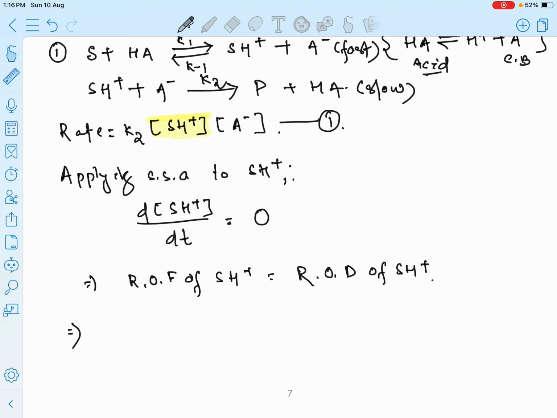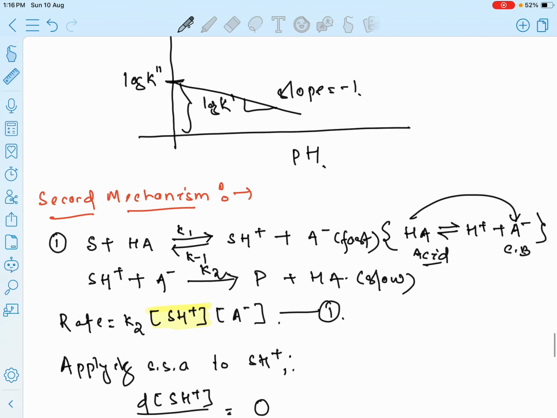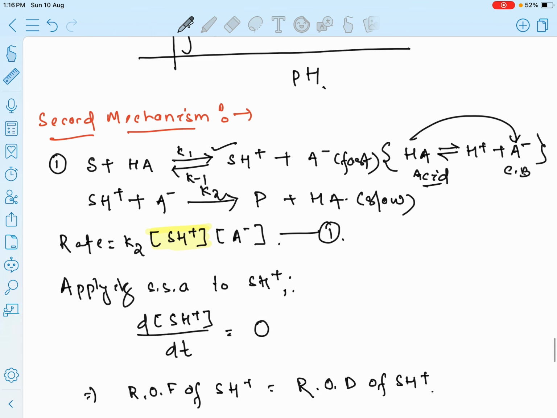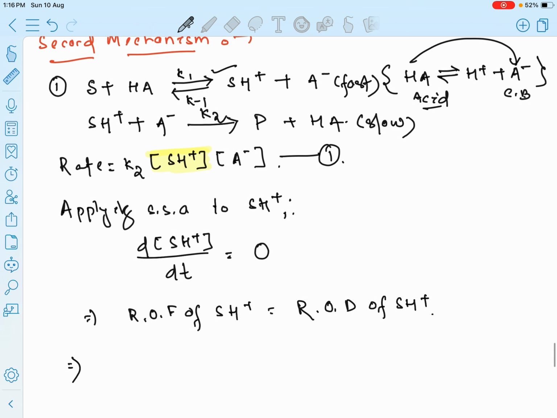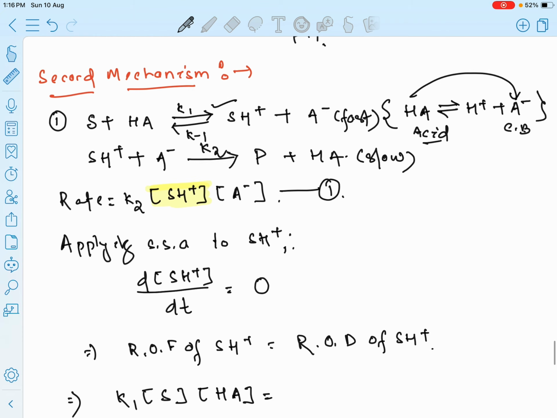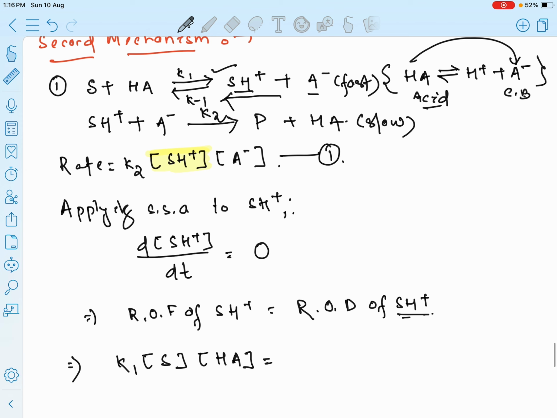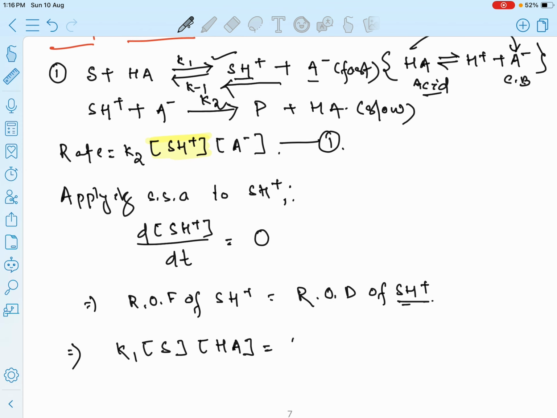So talking about rate of formation, in which reaction is the SH plus forming? In the first reaction only, and for that the reactants involved are rate constant K1, substrate concentration and concentration of HA. And in which reaction is the SH plus deforming?